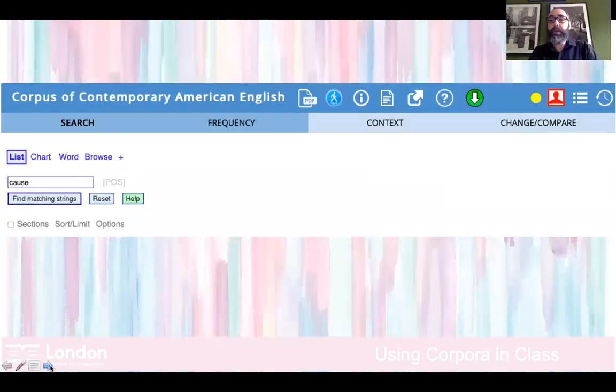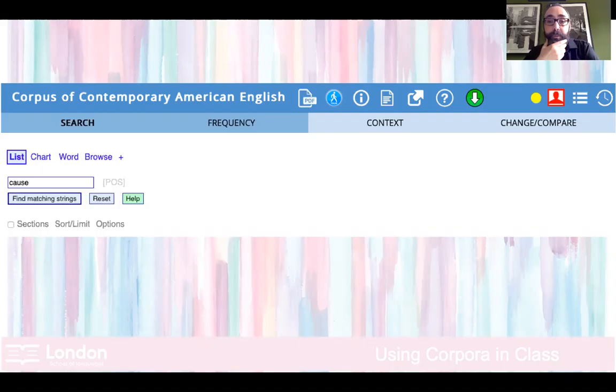Okay, so if we access a corpus, this is the first thing we see, okay? As you see here, you will see a box, okay? And the first thing you will do is you will type in a word. For example, I will use the word cause all the time for this, by the way, okay?